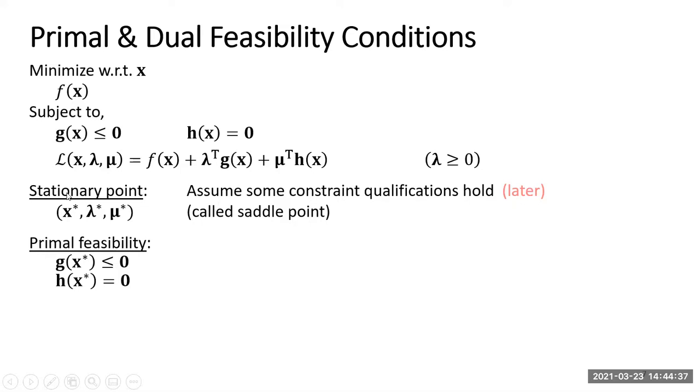So this is a stationary point x star, lambda star, mu star, and for this x star, it must be feasible. In other words, g of x star should be less than or equal to 0, and h of x star should be equal to 0. This is primal feasibility. The point x star should satisfy the feasibility constraints. The dual feasibility condition is lambda star should be greater than or equal to 0.